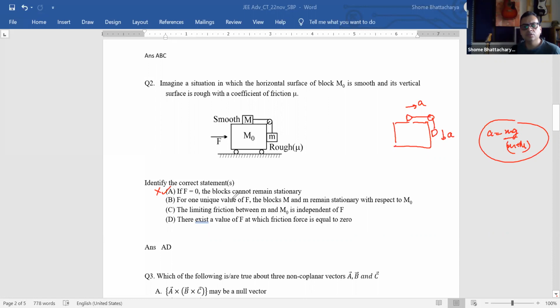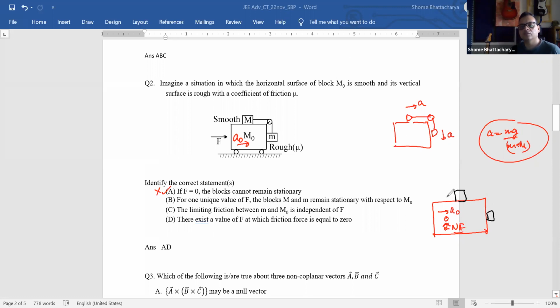Now, for one unique value of F, the blocks m and M remain stationary with respect to M naught. That is also wrong, because the moment you are applying some force, this block has some acceleration, let's say a naught. So the free body diagrams of the other two blocks are in the non-inertial frame, which is traveling with a naught. In this frame, this block and this block have what forces acting on them?